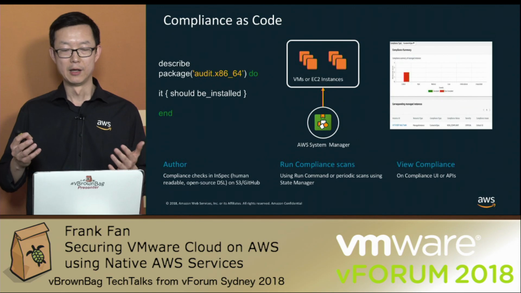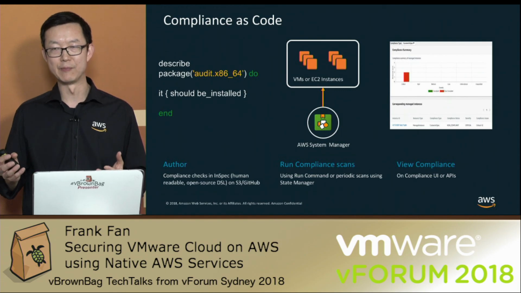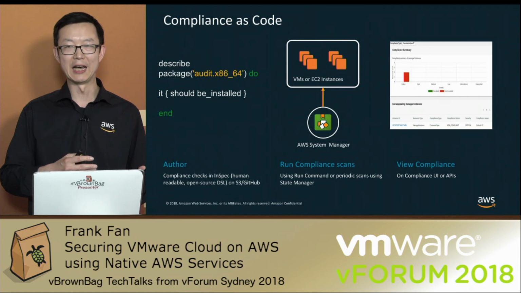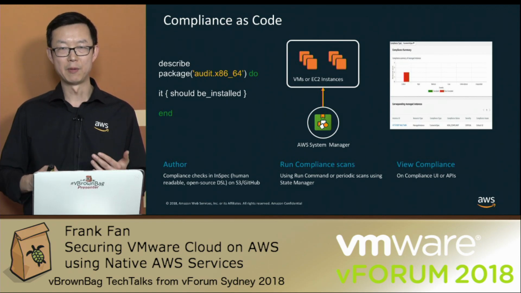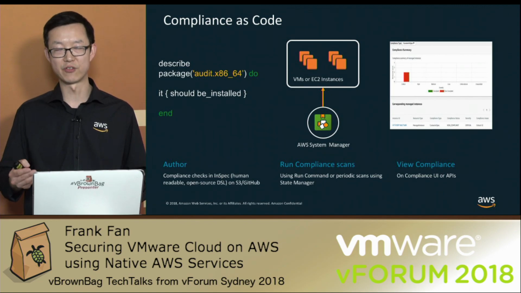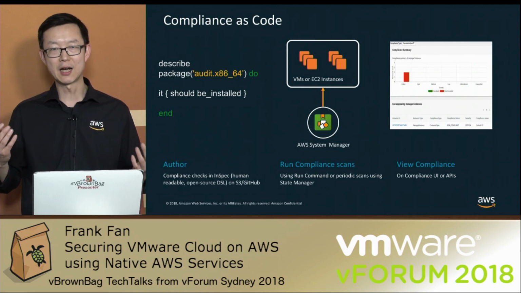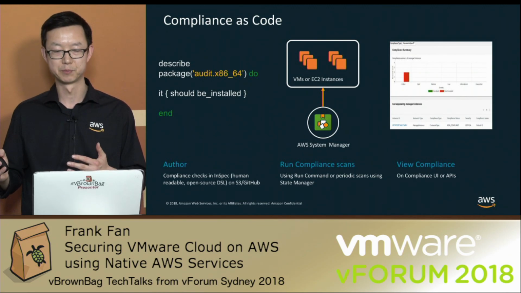Next step, you need to associate these VMs with AWS Systems Manager. What that means is the service will provision an agent into your VMs, and then you set up a routine to scan these VMs on a regular basis to compare whether the current settings are compliant with your policy.